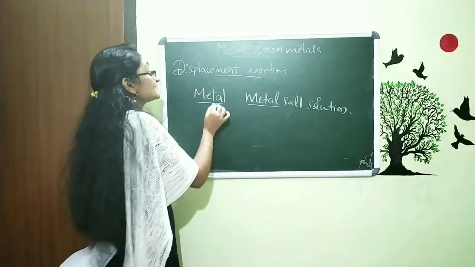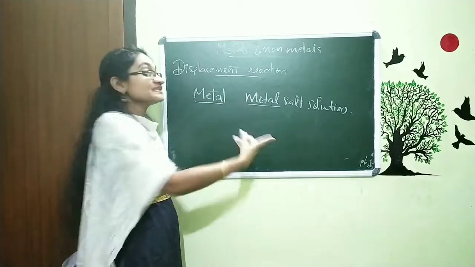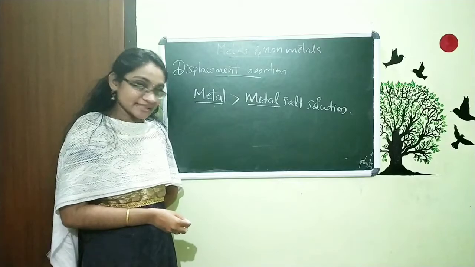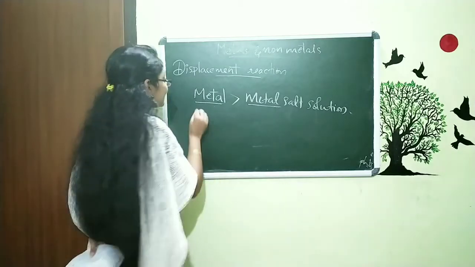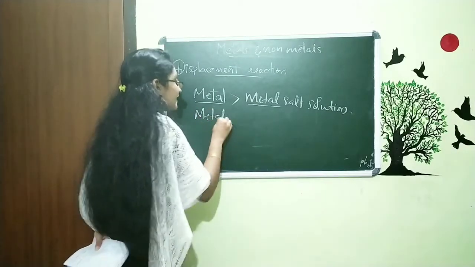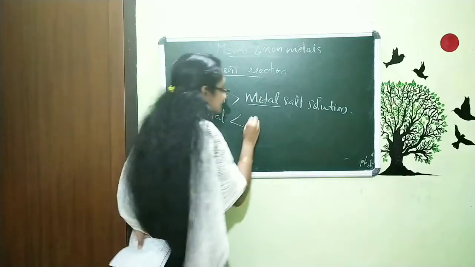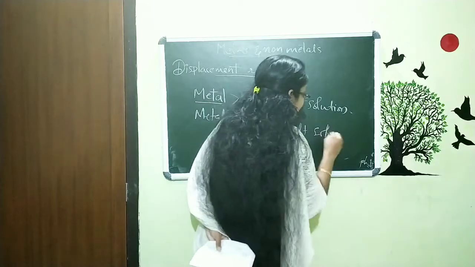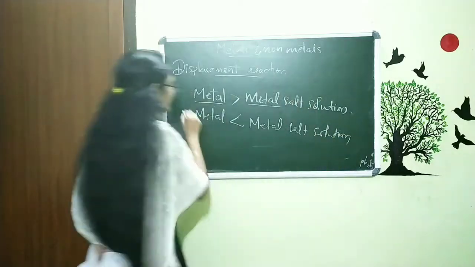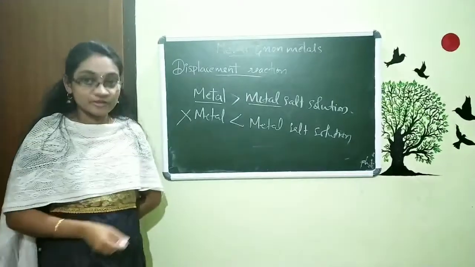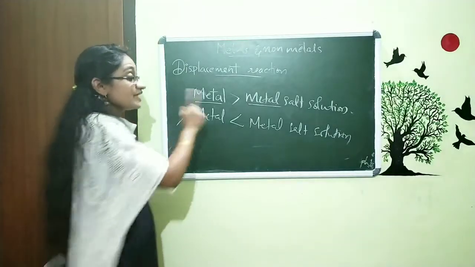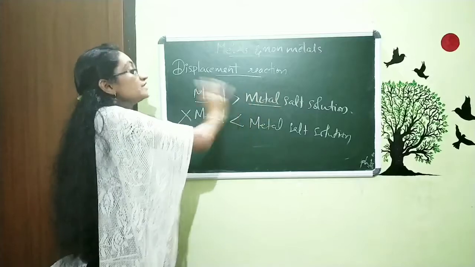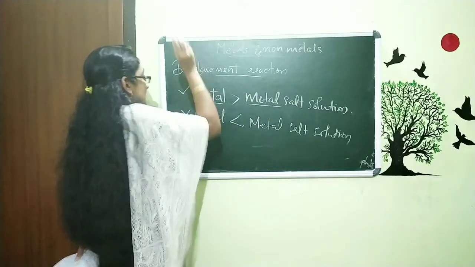So when this metal is more reactive than this metal salt solution, then a reaction occurs. When this metal is less reactive than this metal salt solution, then no such reaction will occur. That means when the metal is more reactive than the metal salt solution, then a reaction occurs.